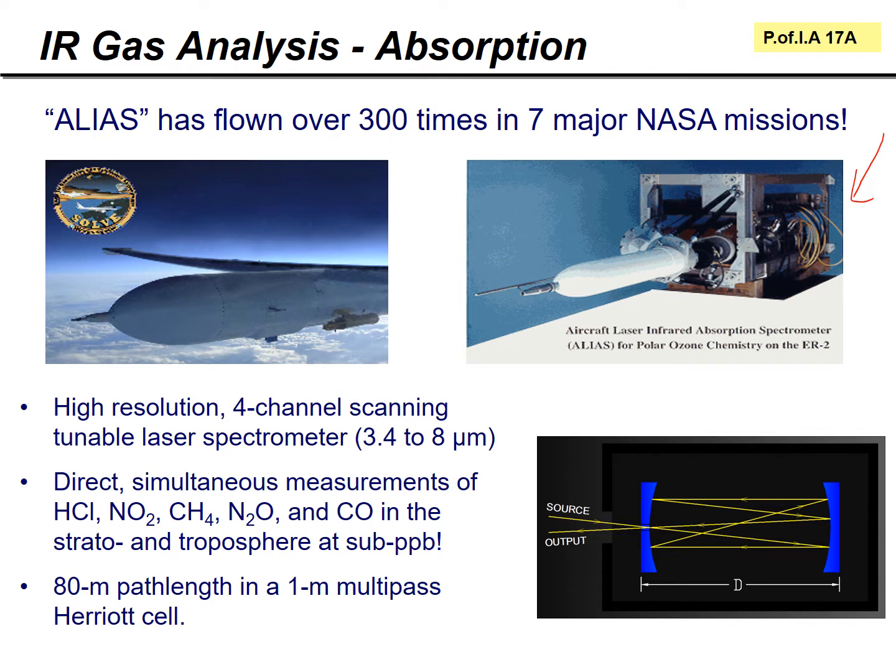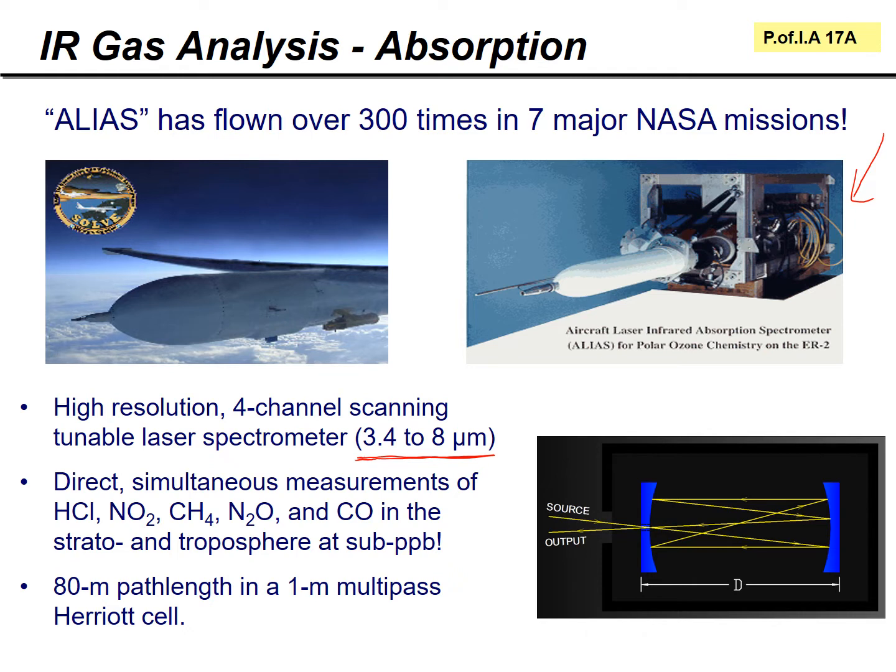So what it's got is a high-res infrared spectrometer. It's got 4-channel scanning tunable lasers, so absorption in the range of 3 and a bit to 8 microns, so through the near infrared and into the far infrared, can be studied.